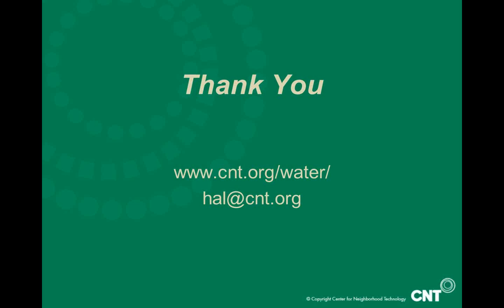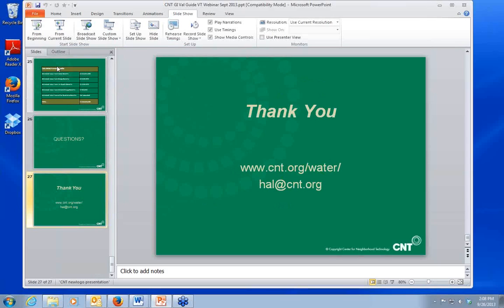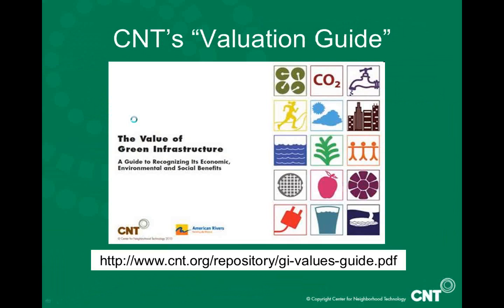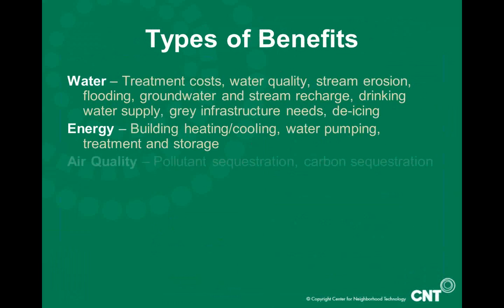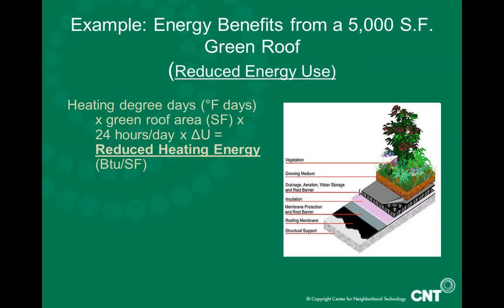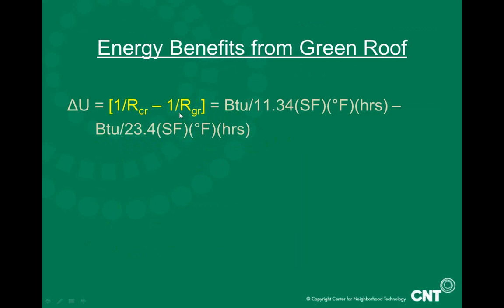But if we go back to that equation at the very beginning, we'll see that we're going to talk about, let's see if I can just go there quickly. Okay, so we're talking about these parameters: the heating degree days of the locality where you are, the square footage of the roof, of your hypothetical roof, and then the only other factor in the equation is this number, and that will vary according to your green roof.